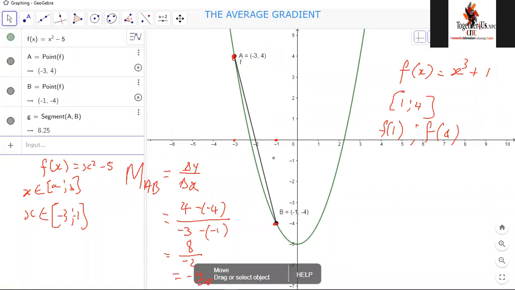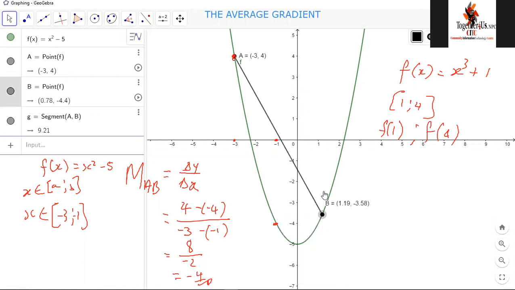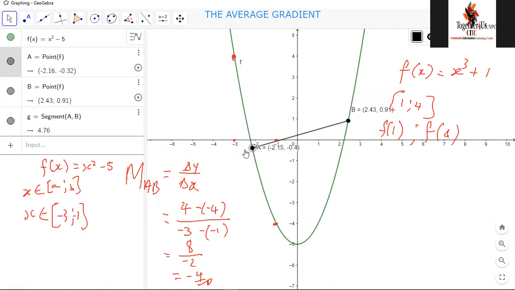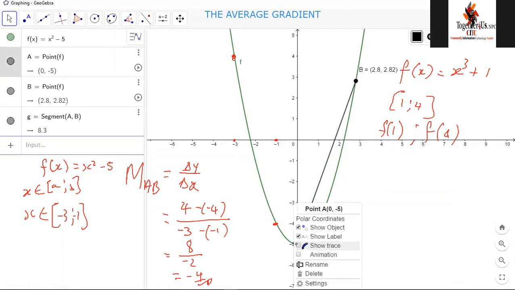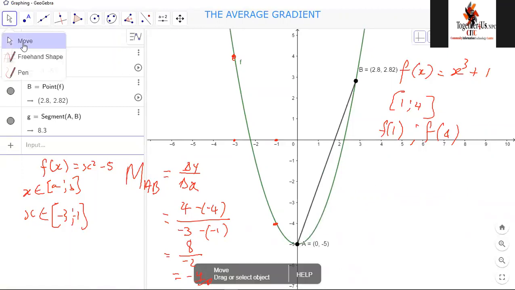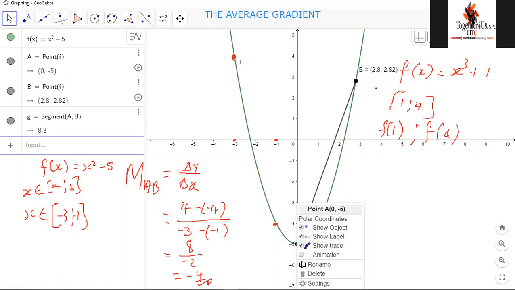I want to point out that these points can change from case to case. At one point, you can have a situation like that and have to find the average gradient, or a situation like that, or like this, or this point can go up, and you still have to find the average gradient. The picture I'm giving you is that average gradient is not a thing of stereotype.